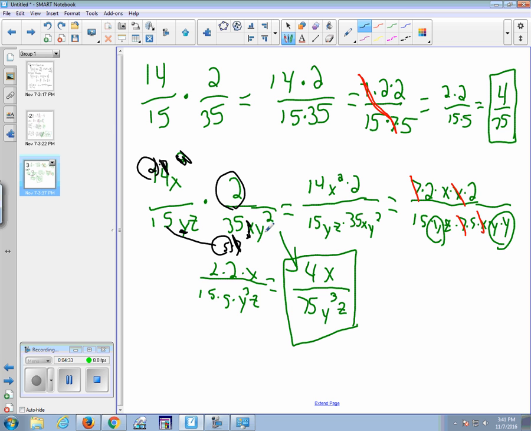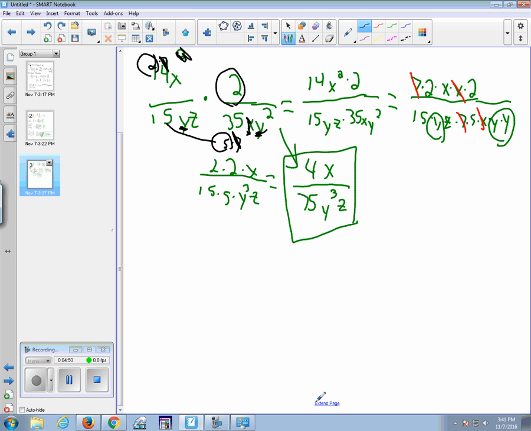And 1, 2, 3 y's, boom. Right? We can get fast at this with monomials, just like some of you are fast here canceling with numbers. It's hard to be fast with rational expressions, but we can still see how the process works the same way.